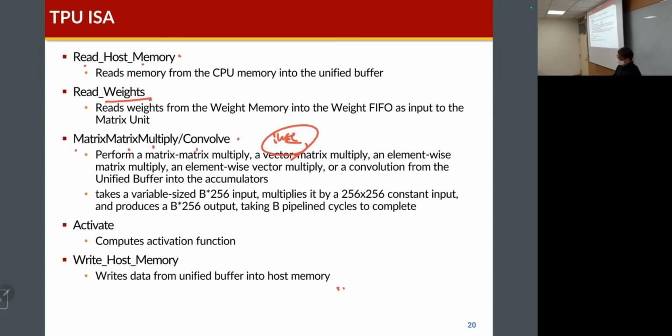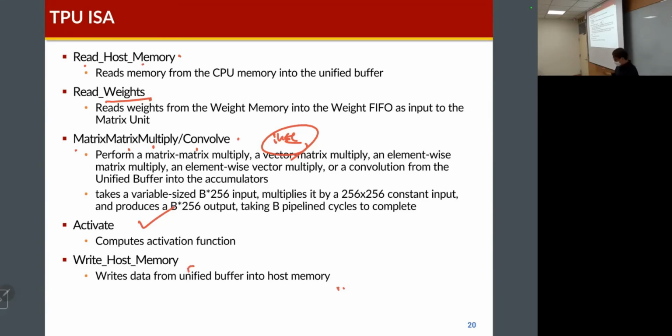Then the TPU hardware automatically performs the matrix multiplication. And the activate instruction just performs the activation functions required by CNN or DNN, then write to host memory.